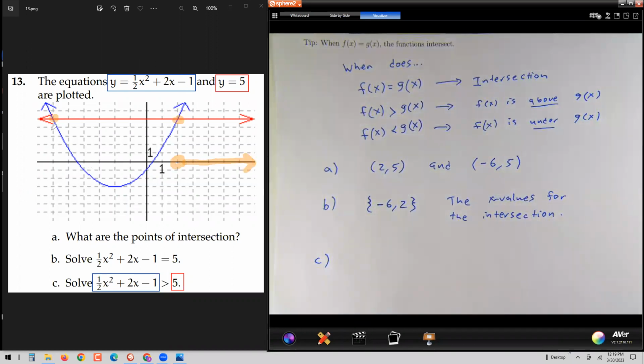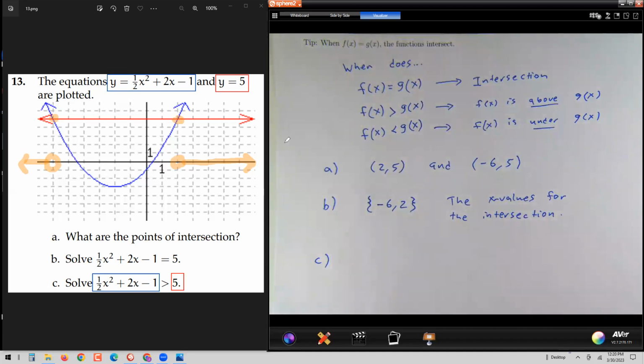If I'm looking at the second piece in the center here, I'm seeing the blue is underneath. That doesn't work. I want it to be above. But if I look at this beginning piece here, blue is above the red here as well. So it looks like there are 2 pieces that work. I have everything less than this negative 6 value, and I have everything greater than this 2 value.